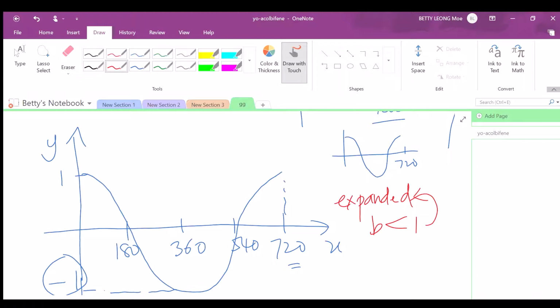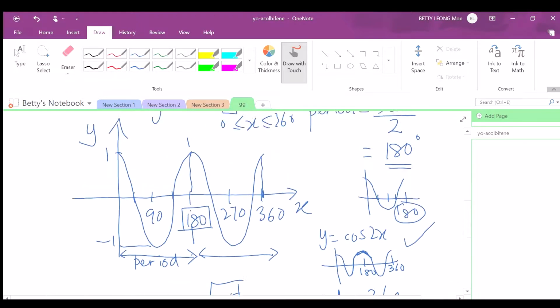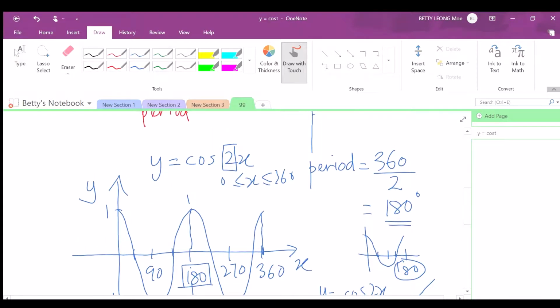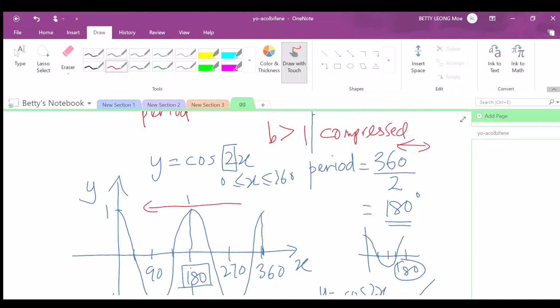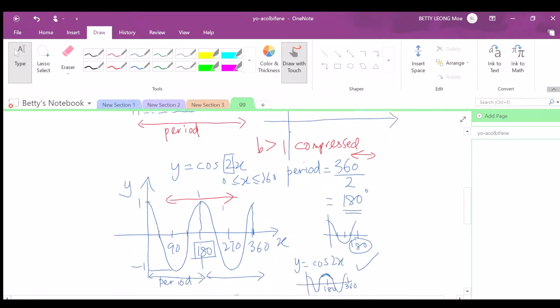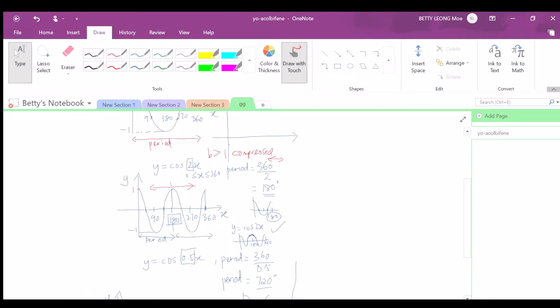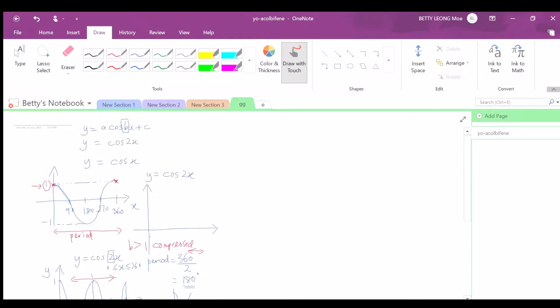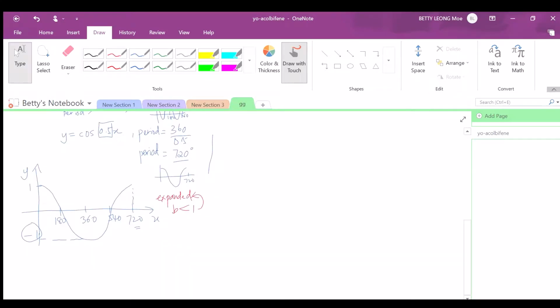When your b is more than 1, the graph compresses. It becomes two cycles already, but smaller cycles. So that's it. This is what you learn today for your course.